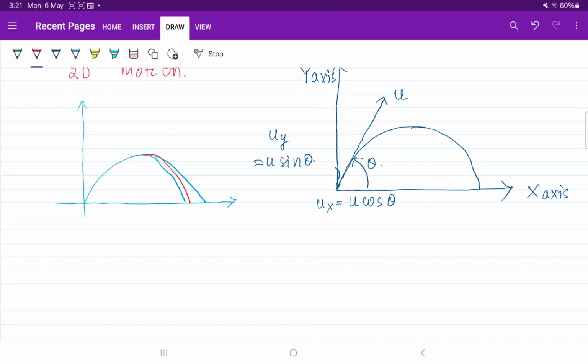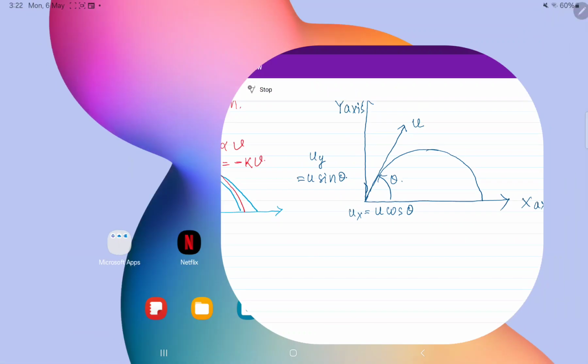In your diploma syllabus it is not included, but in higher study you will know that some resistive force will oppose the motion of this projectile. Due to this, the exact parabolic shape will be distorted, and the dissipative or frictional force will be proportional to velocity, and as it opposes the motion, a negative sign comes with some constant.